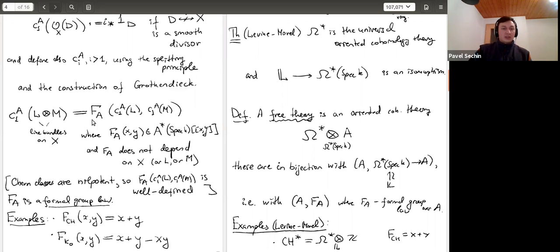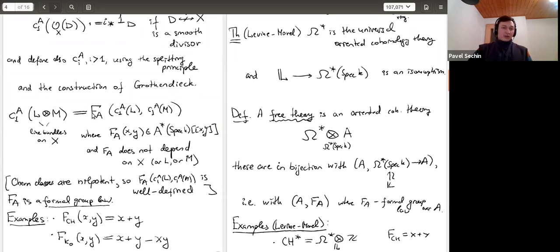And this power series does not depend on these line bundles, nor on the variety X over which we are considering these line bundles, so it's fixed for the cohomology theory. And of course, the right hand side is well defined because Chern classes are nilpotent, as you can prove, and when you plug them into a power series, it works well.